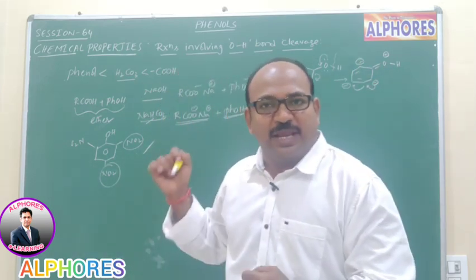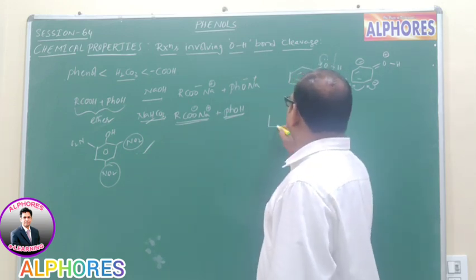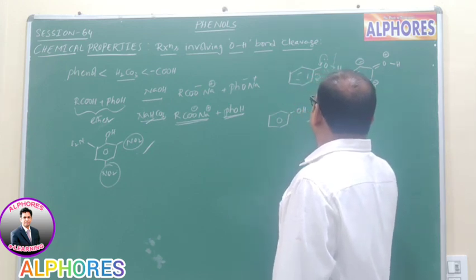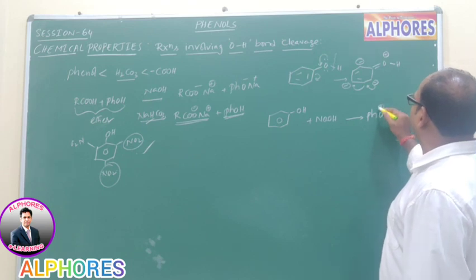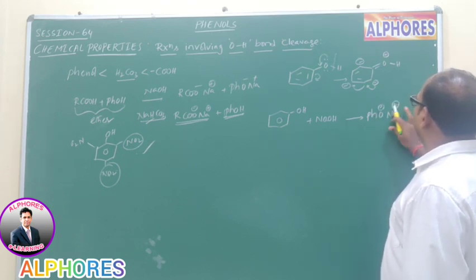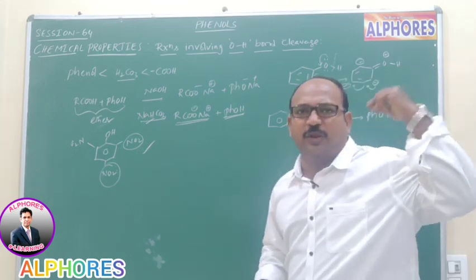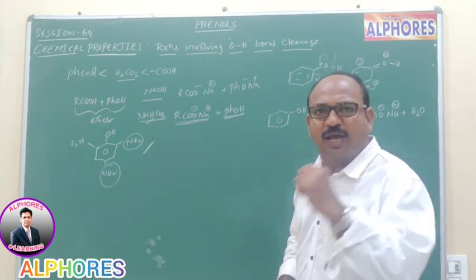Let us see. By breaking of the OH bond, phenol upon reaction with sodium hydroxide, as we just discussed, gives sodium phenoxide, PhO minus Na plus, and H2O. Can you recall that? Can we expect the same reaction with alcohol?